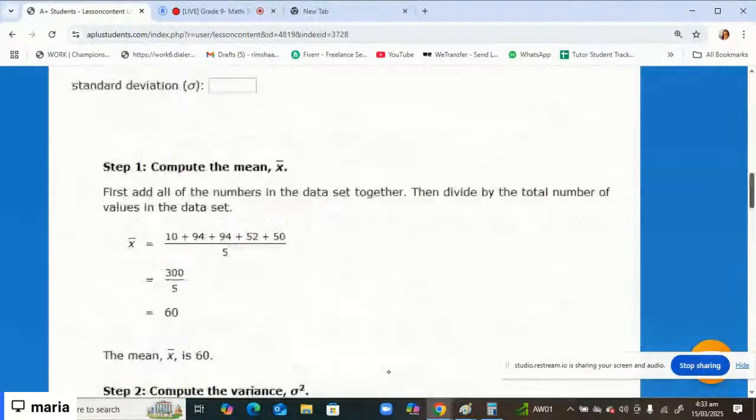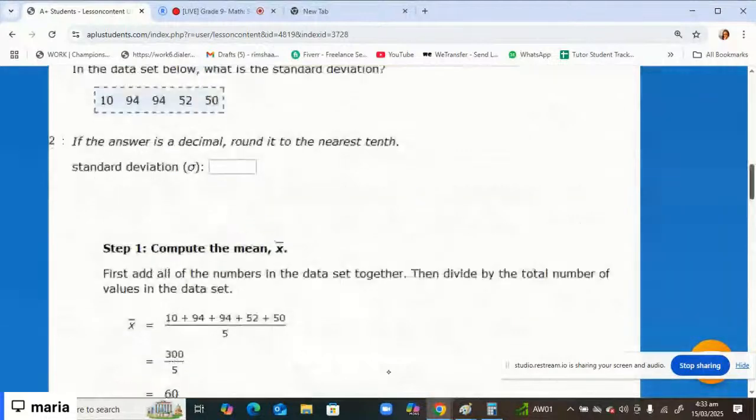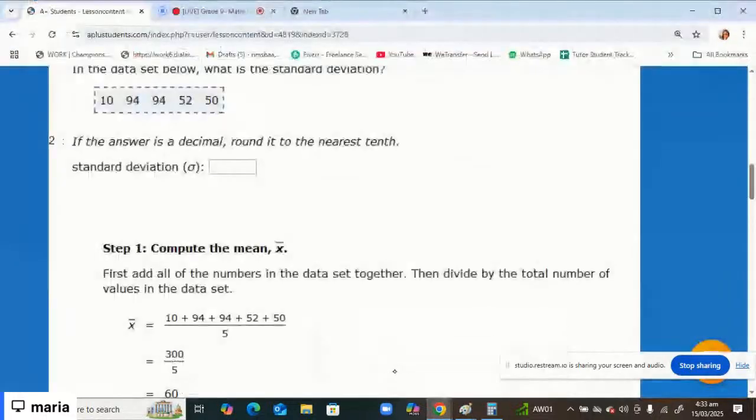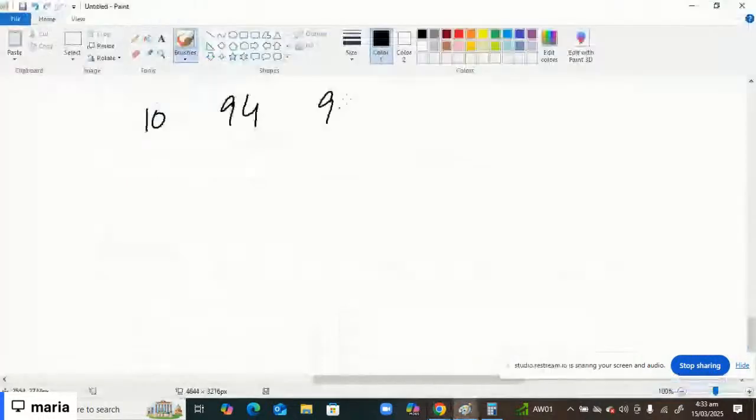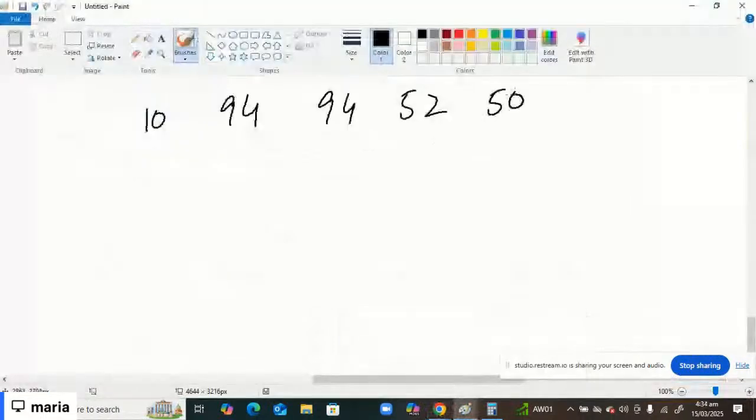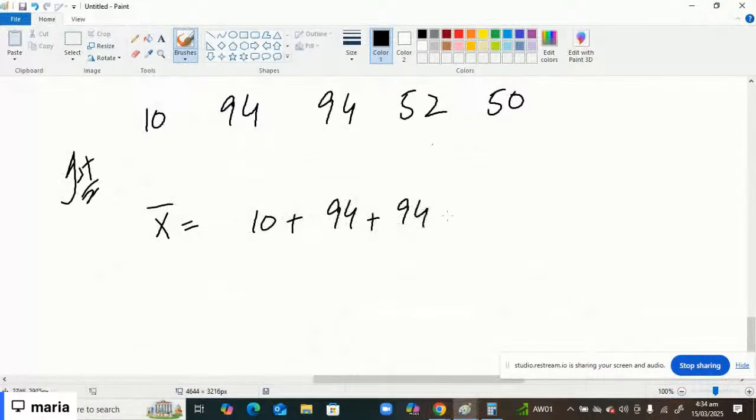Let's start. Okay, let's start from the data. For example, here is our data: 10, 94, 94, 52, 50. So first step, the mean. This is 10 plus 94 plus 94 plus 52 plus 50.